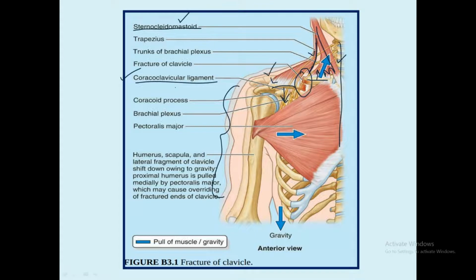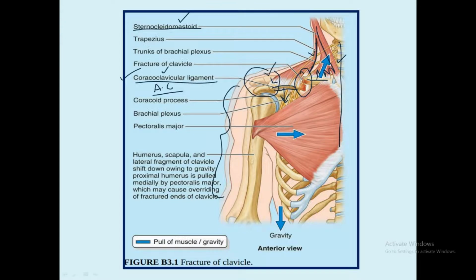The strong coracoclavicular ligament usually prevents the dislocation of the acromioclavicular joint, that is, it keeps the joint from shifting from its place. The joint where the acromion process and the clavicle bone attach is the acromioclavicular joint. Okay, so this is the brachial plexus, and this is the pectoralis major.